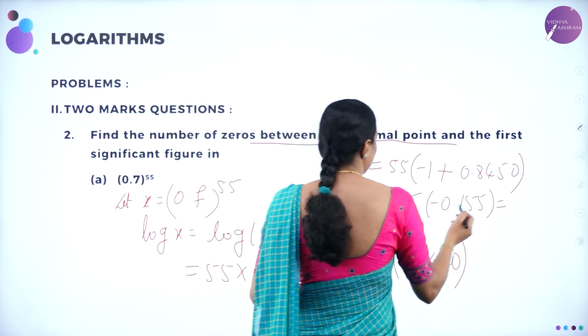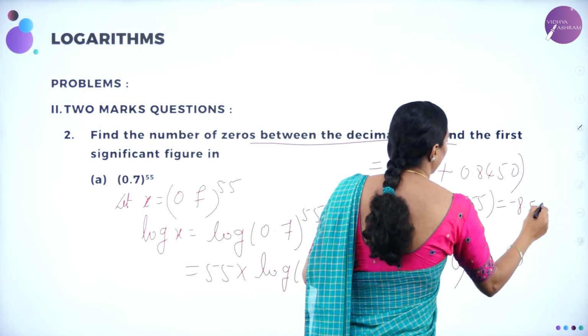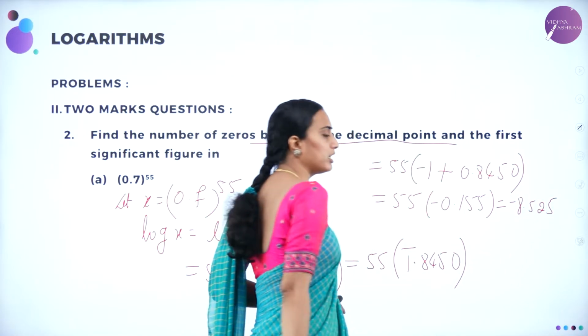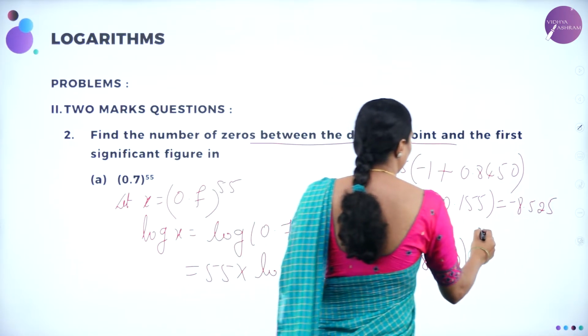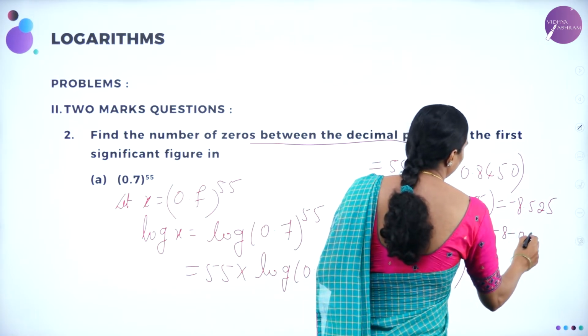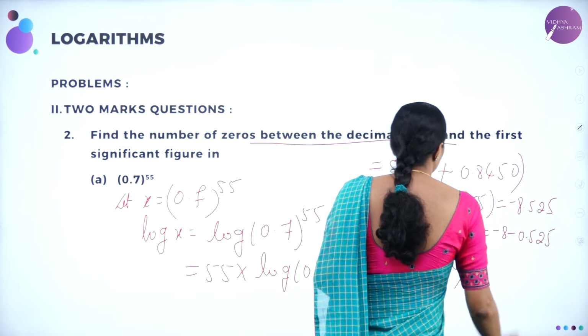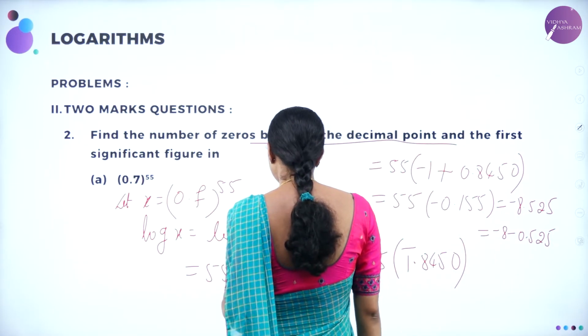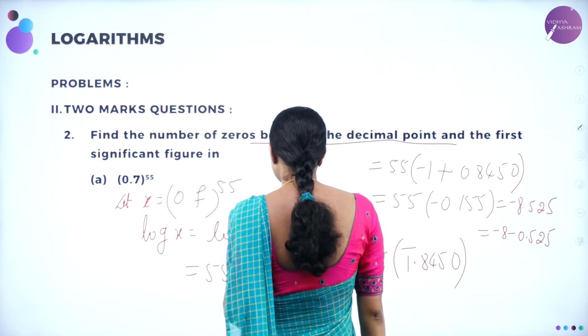Okay, minus 8.525. How are we going to write this minus 8? Minus 8 minus 0.525. Correct? So minus 8 minus 0.525 can be written as, what is that?